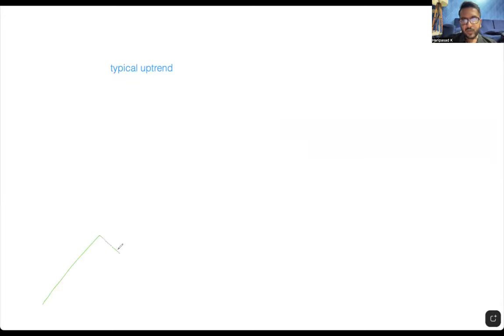It would be a combination of some highs getting formed. We'll see a high getting formed, then a low getting formed. Again a high, again a low, again a high, again a low. This is what we refer to as a typical uptrend.